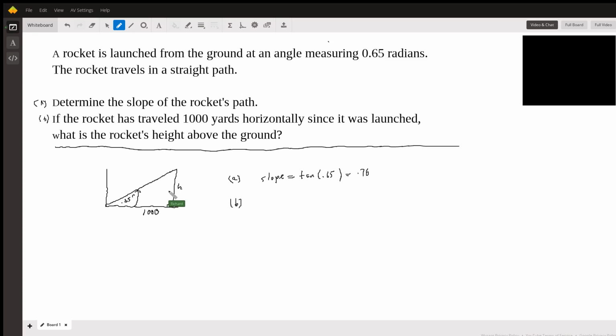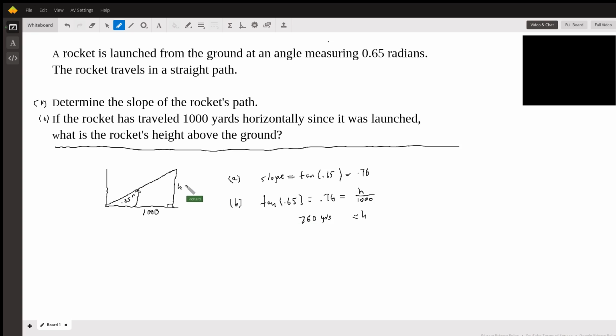You have the tangent is opposite over adjacent, so the tangent of 0.65, which we found earlier, is 0.76. And that's equal to opposite, which would be the height of the rocket divided by 1,000, which is the adjacent. So you multiply by 1,000, and h is going to be 760 yards high.